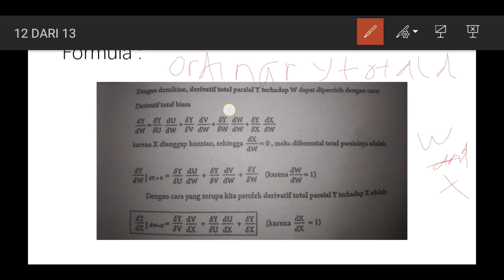So like this, x is constant, dx/dw equals 0. So the result is this one, and the formula is this one.